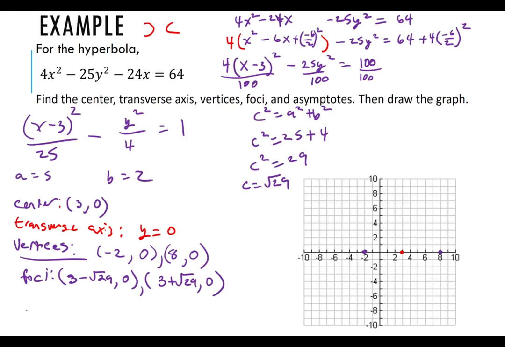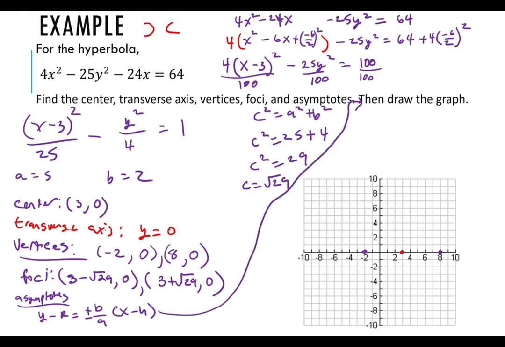And then lastly, where are our asymptotes? So for a horizontal opening, our asymptotes are y minus k is equal to plus and minus b divided by a times x minus h. And so I'm just going to move up here, finish that algebra.